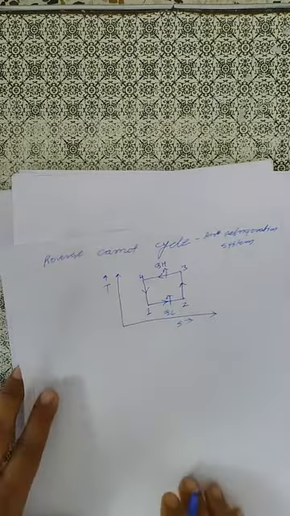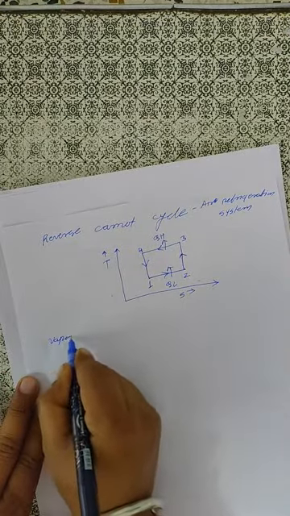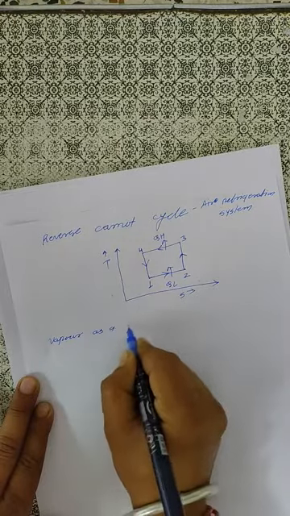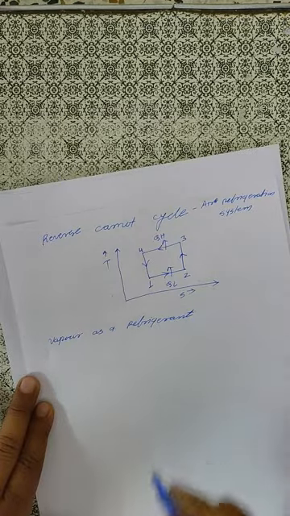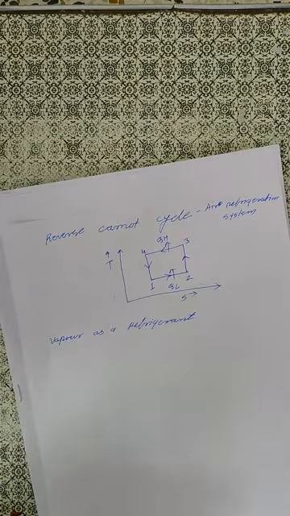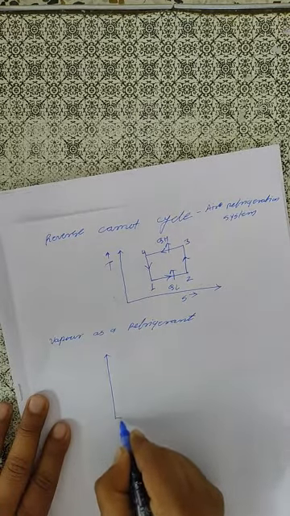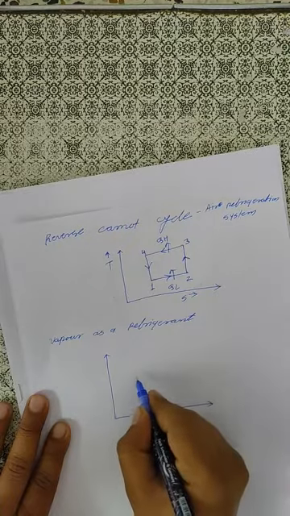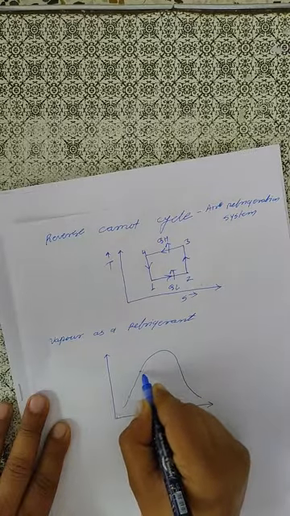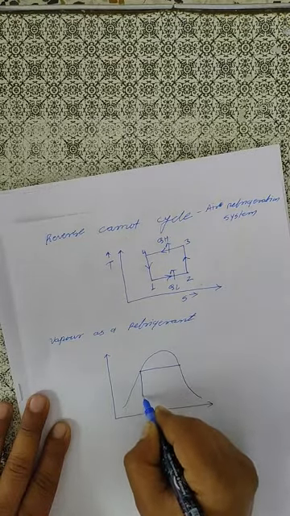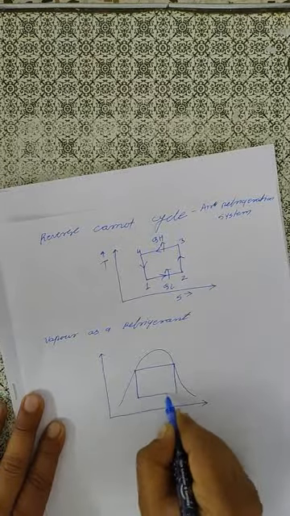Okay, if we use vapor as a refrigerant, what will happen? For this system, the refrigeration works in between the change of phase state, as shown here, because we know that at constant temperature there is condensation and boiling.